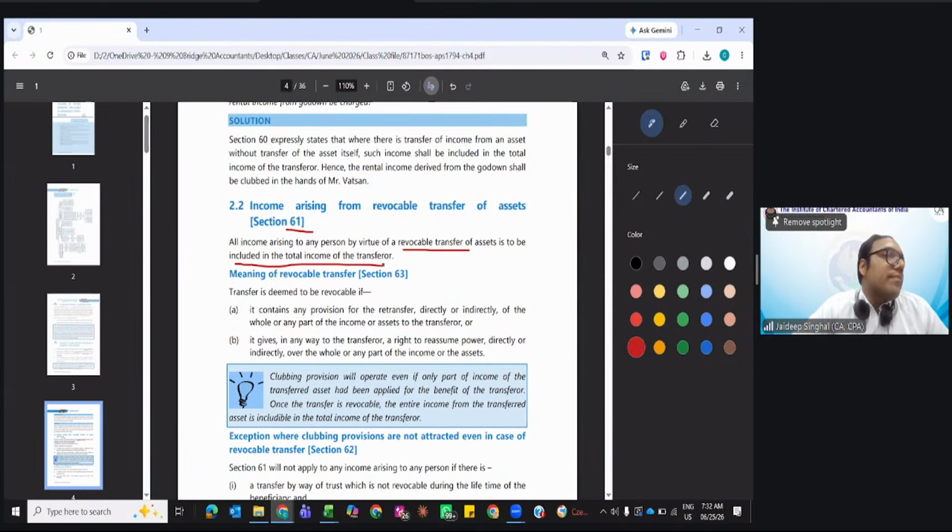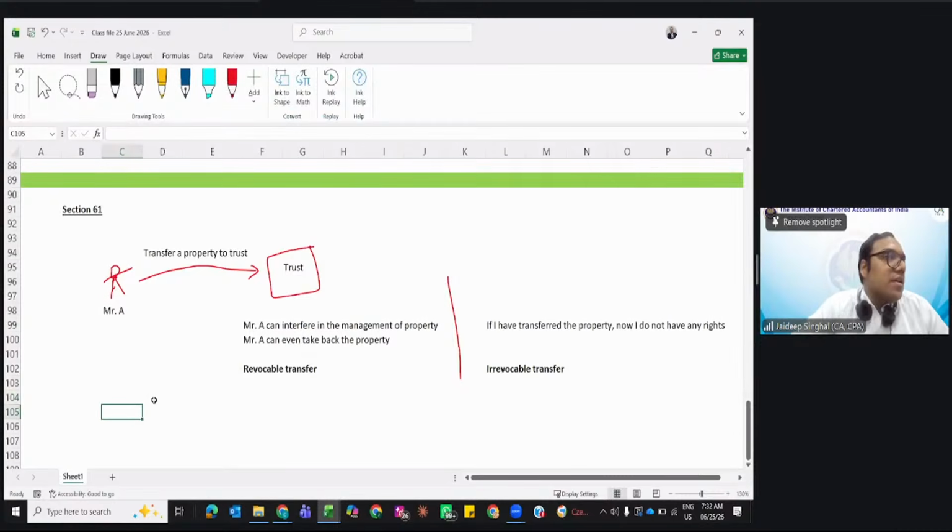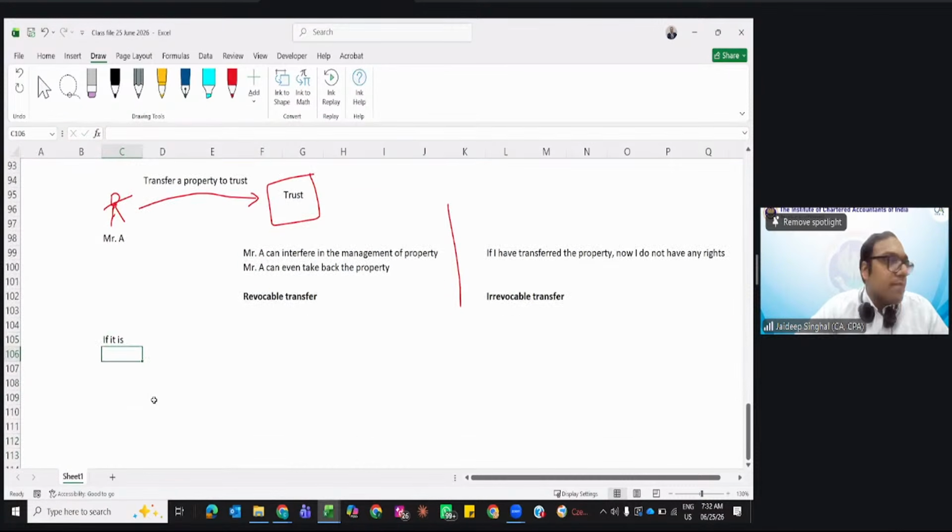It means, if it is option A, a revocable transfer, then ideally clubbing provisions will apply.